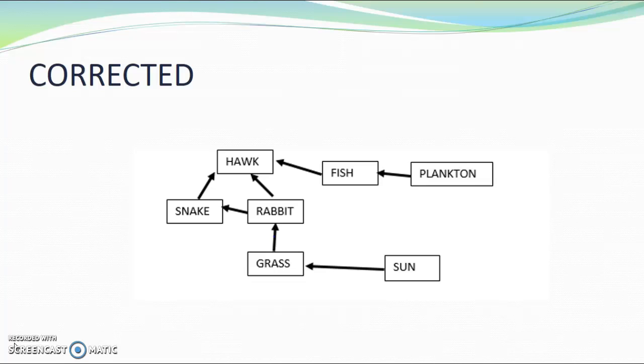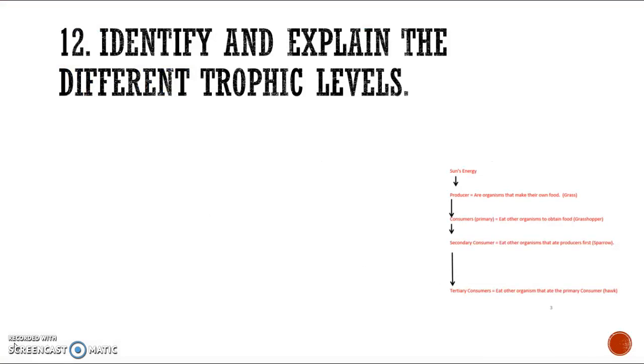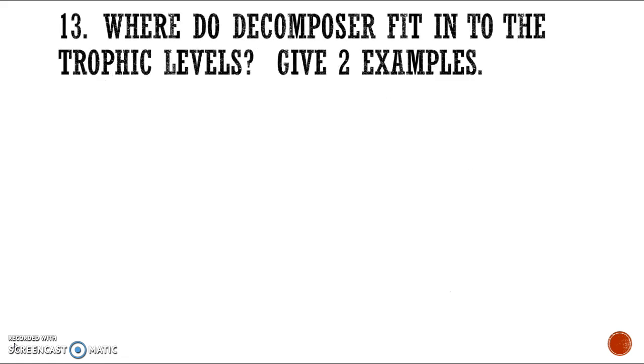So remember, when we're using our food webs, we're going from the producer up. We're using those pyramids to help us, the food trophic level pyramids. And we've identified each of the different levels, the producer, consumers that are primary consumers, secondary consumers, tertiary consumers. Okay, and where do those decomposers fit in? Which trophic level? And can you give me a couple examples?